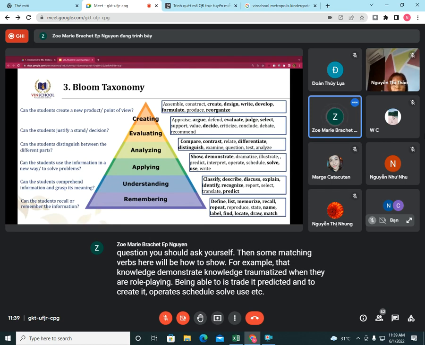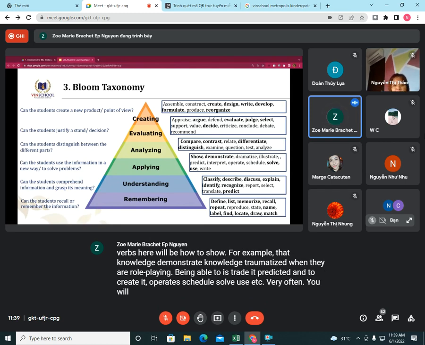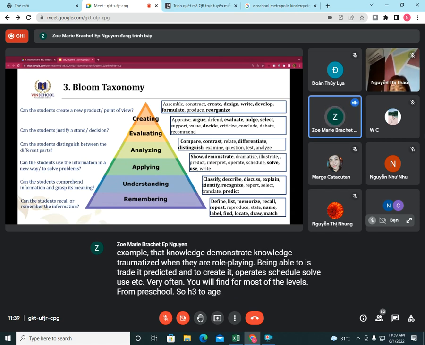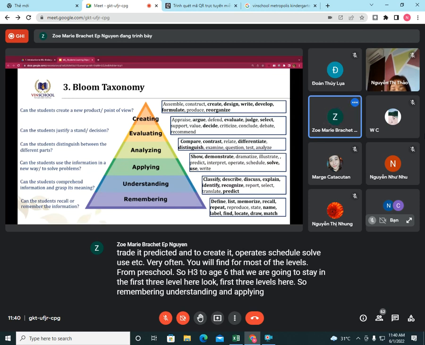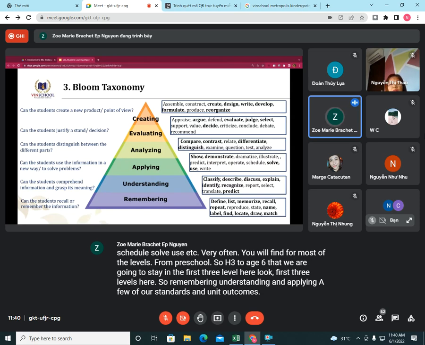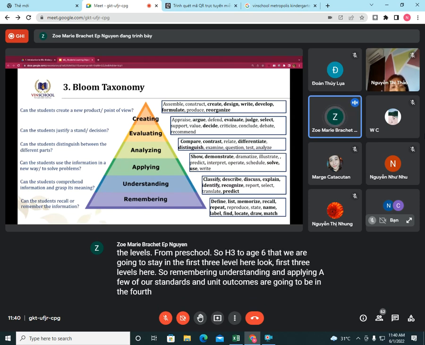Very often, you will find for most of the levels from preschool, so age 3 to age 6, that we are going to stay in the first three levels here. So remembering, understanding, and applying. A few of our standards and unit outcomes are going to be in the fourth level here, which is analyzing, but there are really a few.